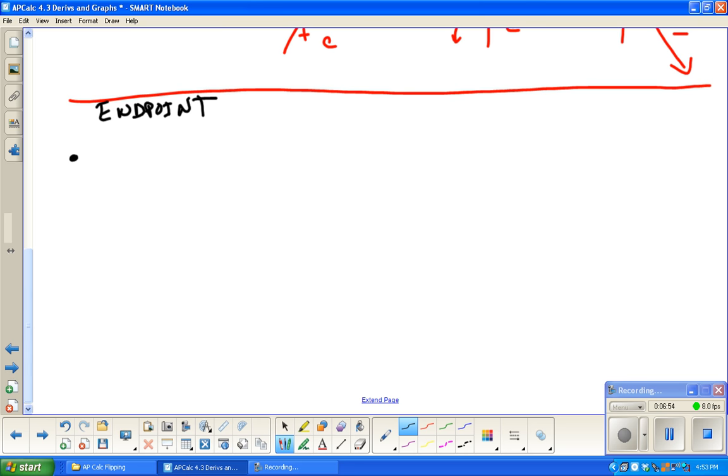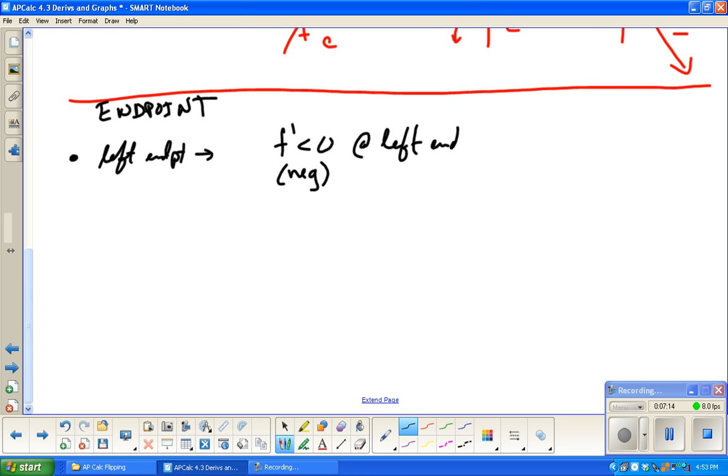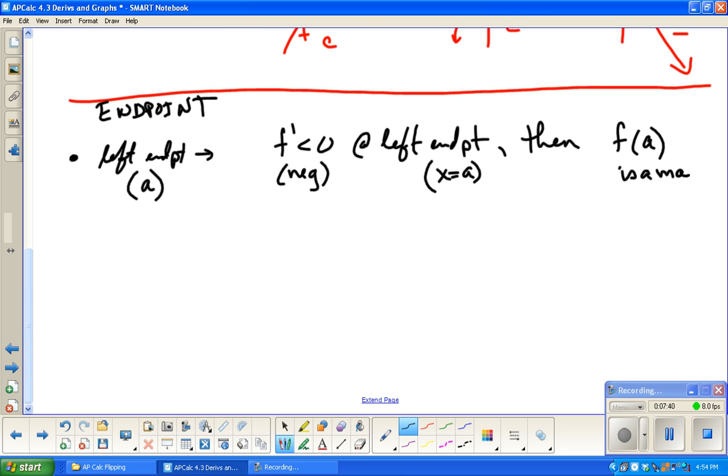I could be looking at a left endpoint, and we're going to call that left endpoint A, so x equals A. If the derivative is negative at the left endpoint A, then f of A is a max, a maximum.